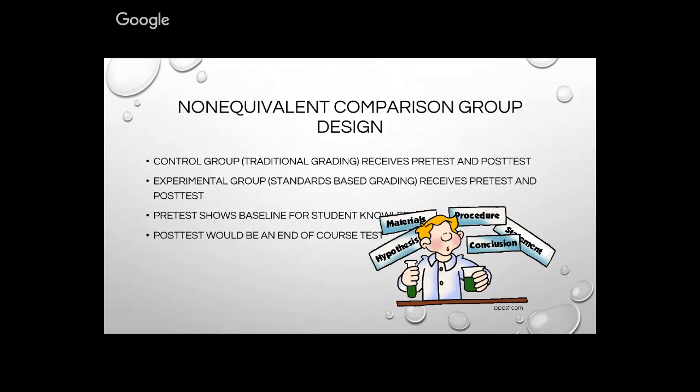Now, the pretest is going to show a baseline for what the students know already, where they are starting this unit of study. The post-test would be some sort of end-of-course test that will be able to show where they are academically at the end of the unit of study.